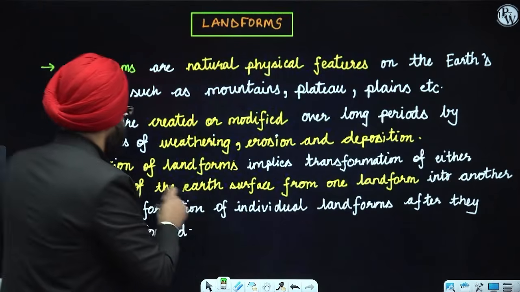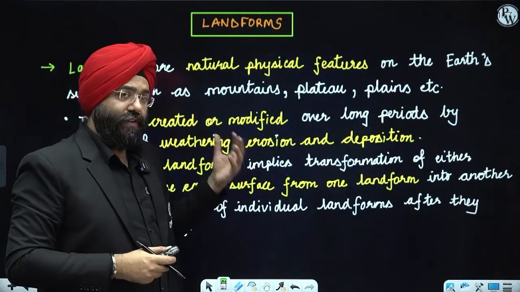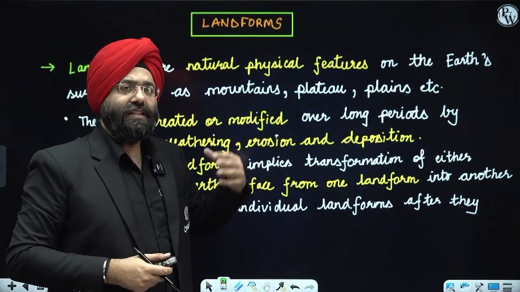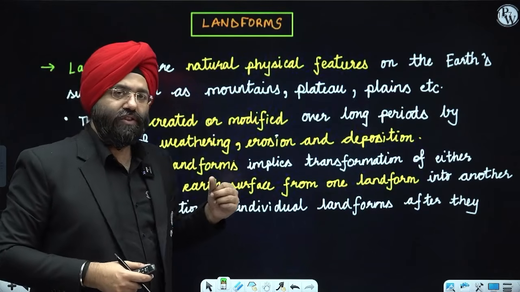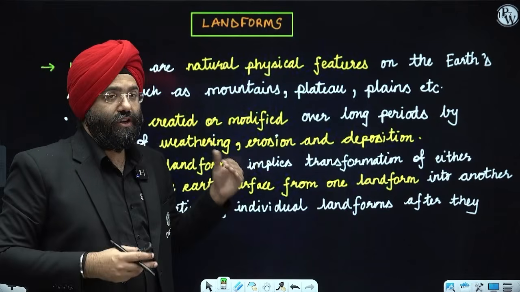Any landform is created or modified. Modified means the shape, the way it is looking, might change because of the processes which include weathering, erosion and deposition. Now, evolution of landform implies a transformation.